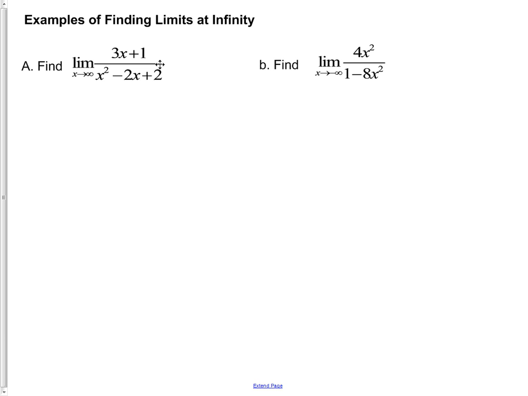So we might reasonably ask, well, what happens to the limit as x approaches infinity of a polynomial over a polynomial? Wouldn't substituting infinity into this expression give us infinity over infinity by direct substitution?